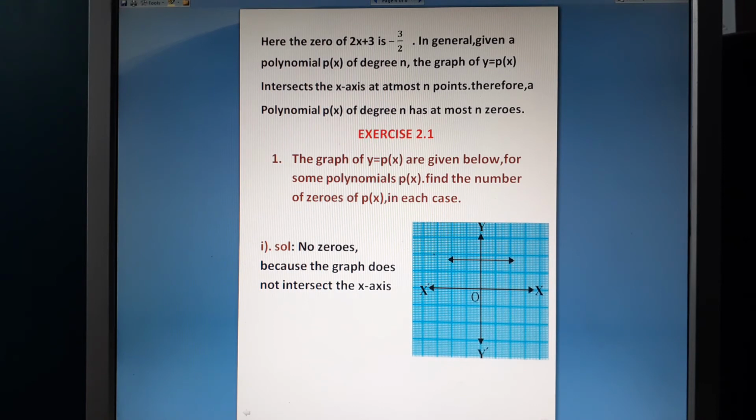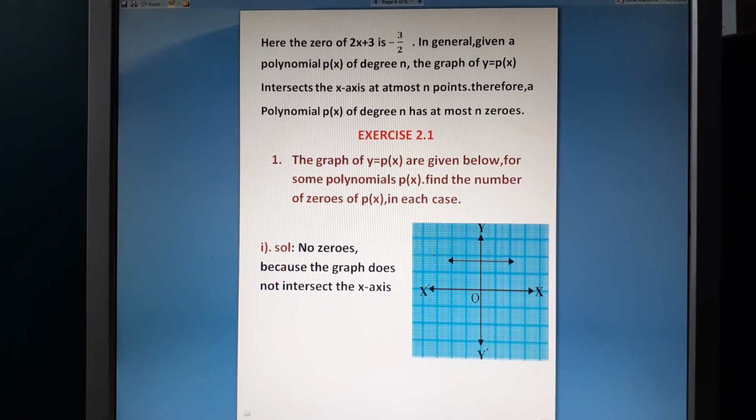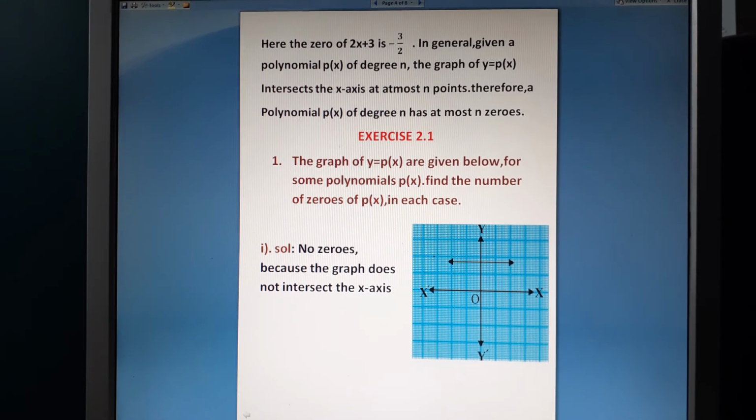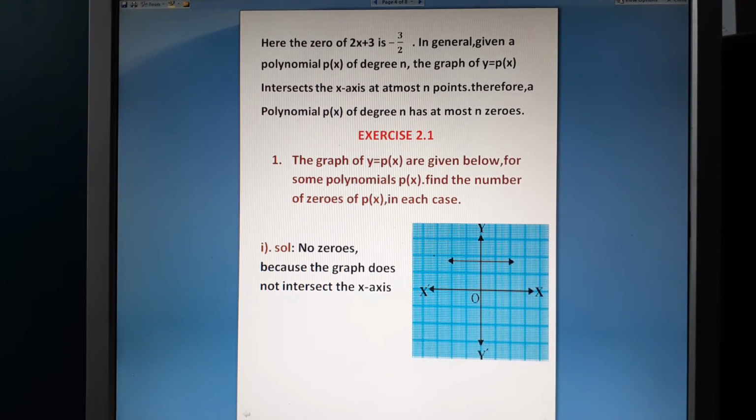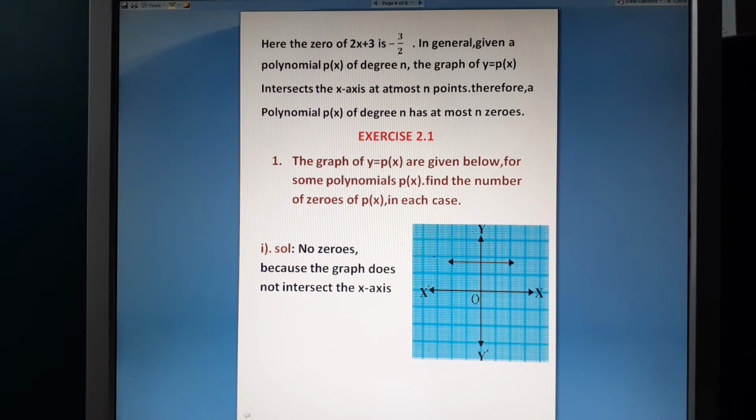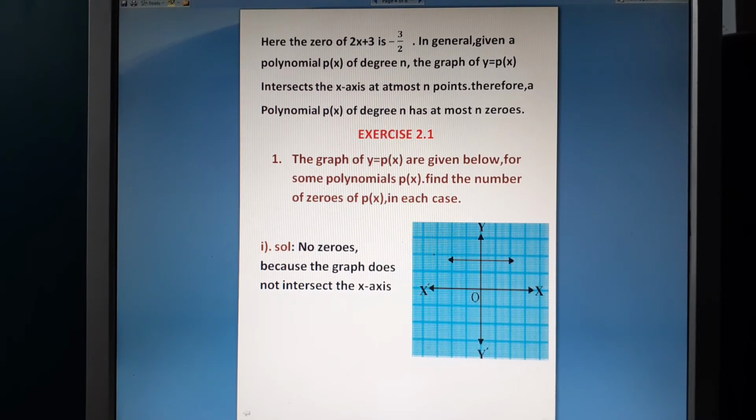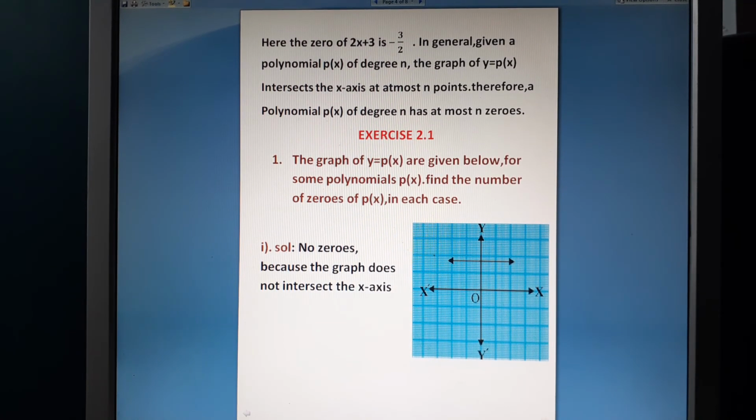Now we will go to exercise 2.1. First question, the graphs of y equal to p of x are given below. For some polynomials p of x, find the number of zeros of p of x in each case. Look at the graphs. Each is the graph of y equal to p of x, where p of x is a polynomial.